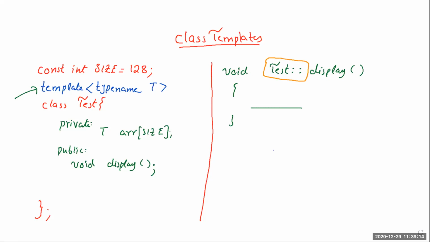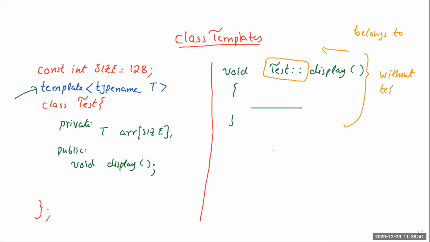Void, name of the class, scope resolution operator, display. I told you how to read this double colon. The name of this operator is scope resolution, but you read it like "belongs to". So we read it in this direction: the display function which belongs to class Test, we are giving the body of that function.